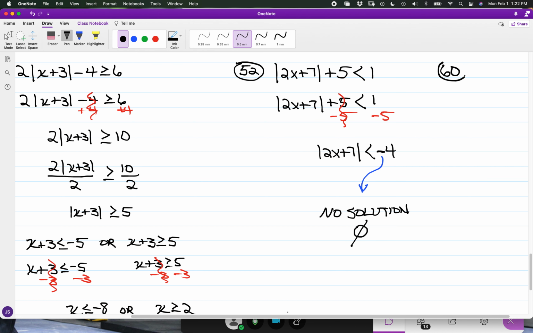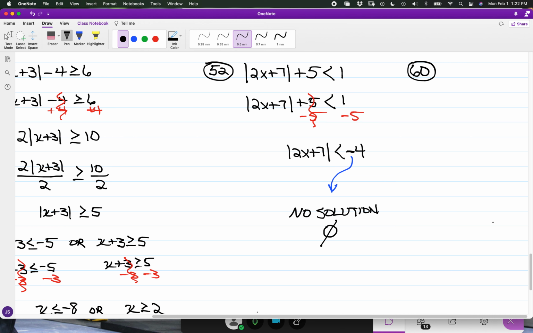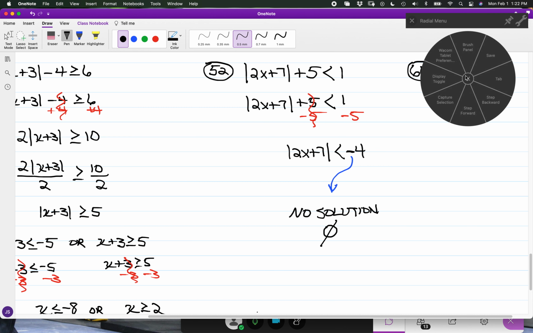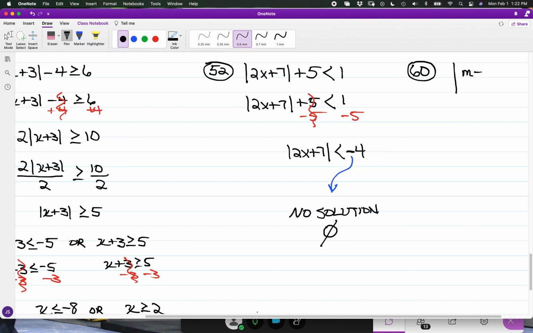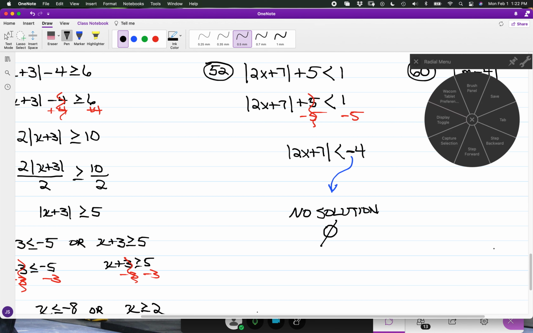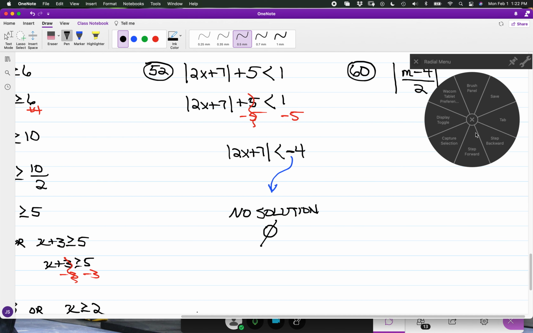Let's say if you have a fraction for the absolute value term, and say we have the absolute value of m minus 4 over 2 is less than 14.